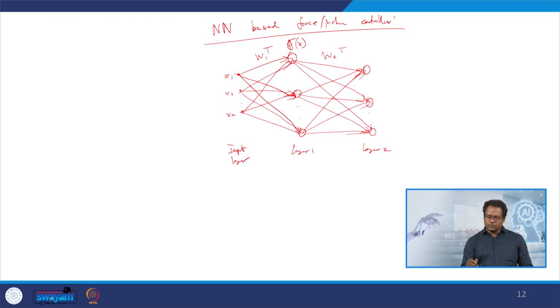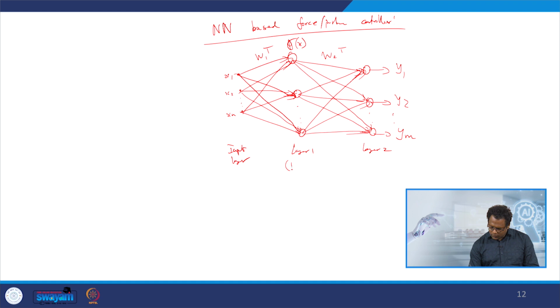The network parameters are W1 transpose and W2 transpose, where W1 transpose is the weight vector connecting the input layer to the hidden layer, and W2 transpose is the weight vector connecting the hidden layer, which is layer 1, to layer 2 or the output layer, and the output is represented by y1, y2 up to ym.